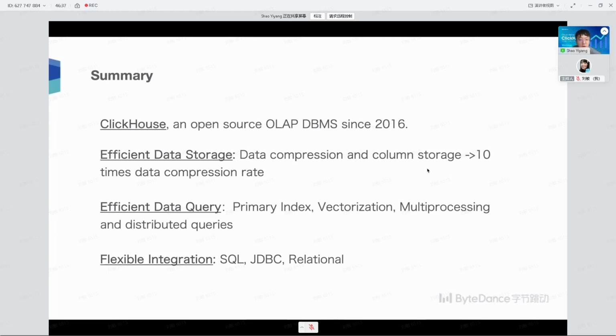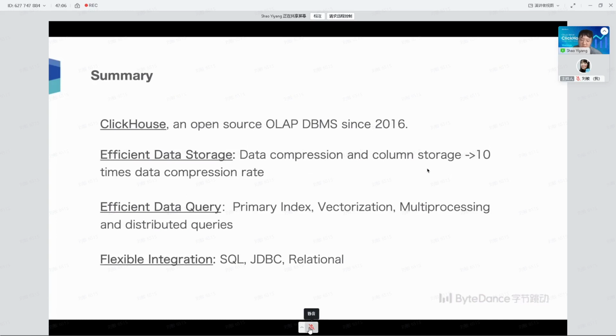It has column-oriented storage to achieve a better compression rate and faster data read speed. It also has very efficient data query, like primary index, vectorization, multiprocessing, and distributed queries. All these optimizations and attention to code details make the ClickHouse engine computation super fast.